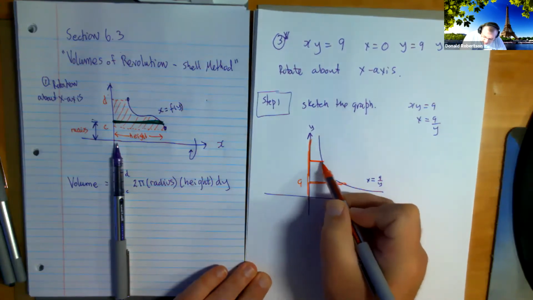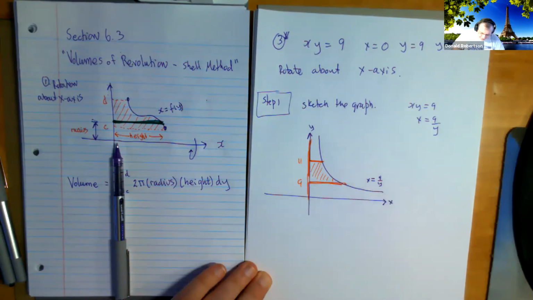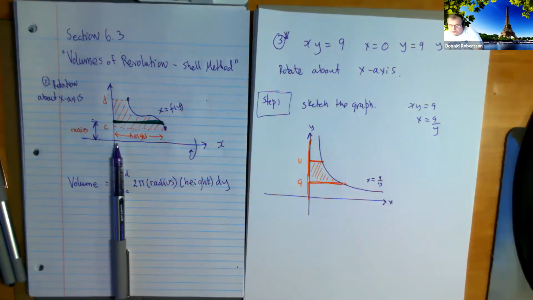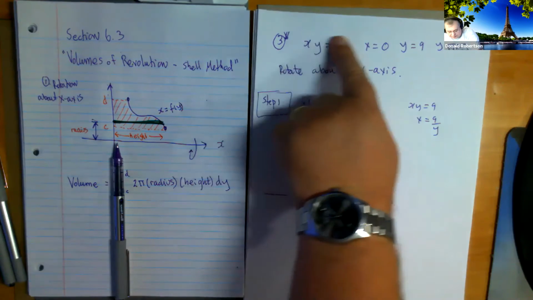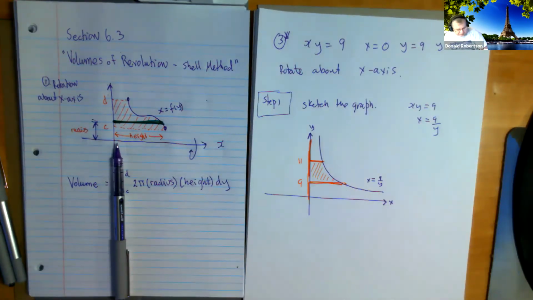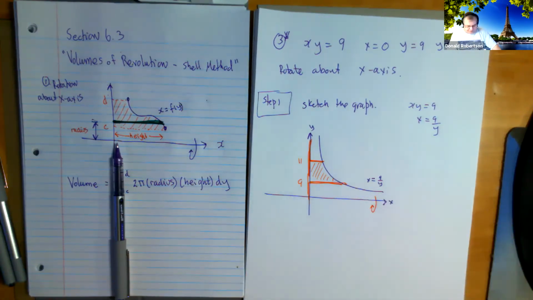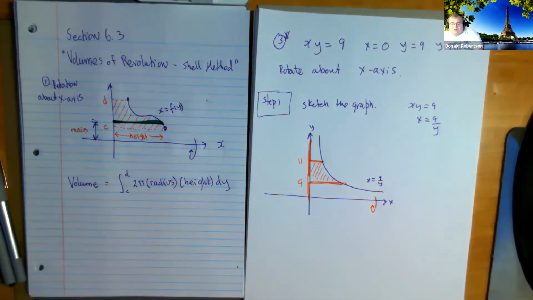And y equals 11 is here. Basically what that has allowed us to do is to find out this information here. It's telling us what region is going to be rotated, and we know it's going to be rotated about the x-axis. So that's step 1 done. Sketch the graph. Get a good look at what you're rotating. What does the shape look like? And I think we do.